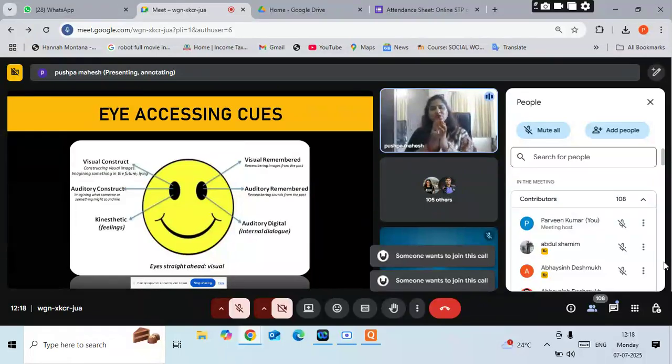So, for each one of those, your eyeballs would have gone in different directions. When you visually remember something, your college first year classroom, your eyeball would have gone to your left top corner. And when you auditorily remember your friend's voice, your eyeball would have gone to the middle part.